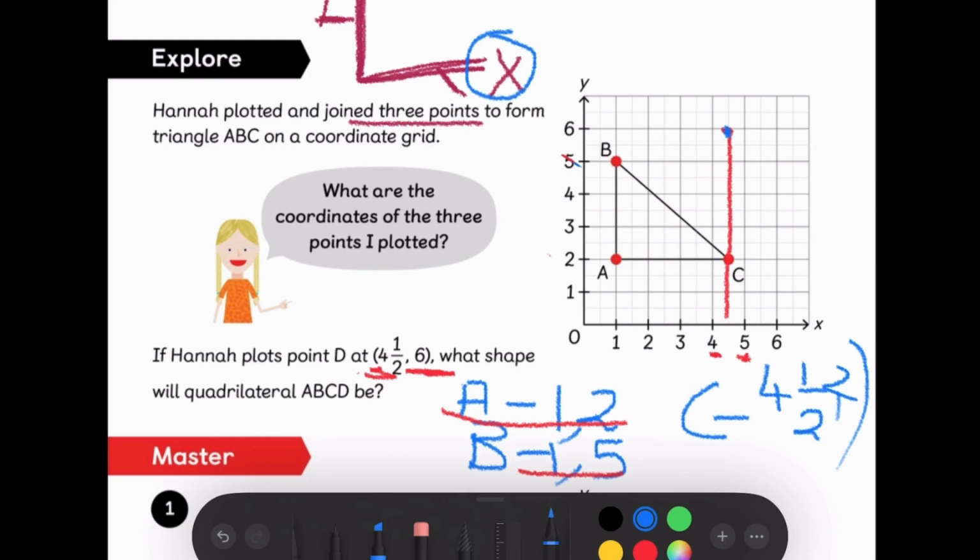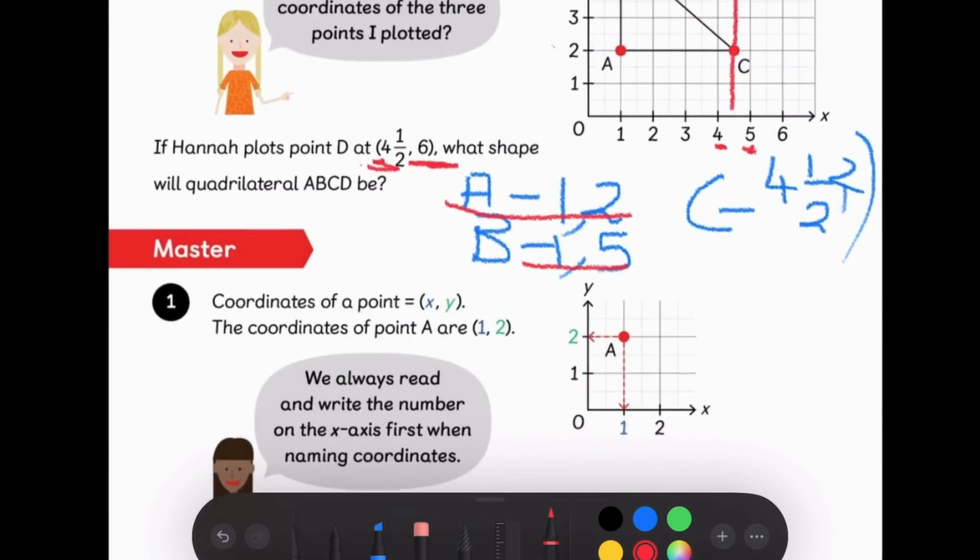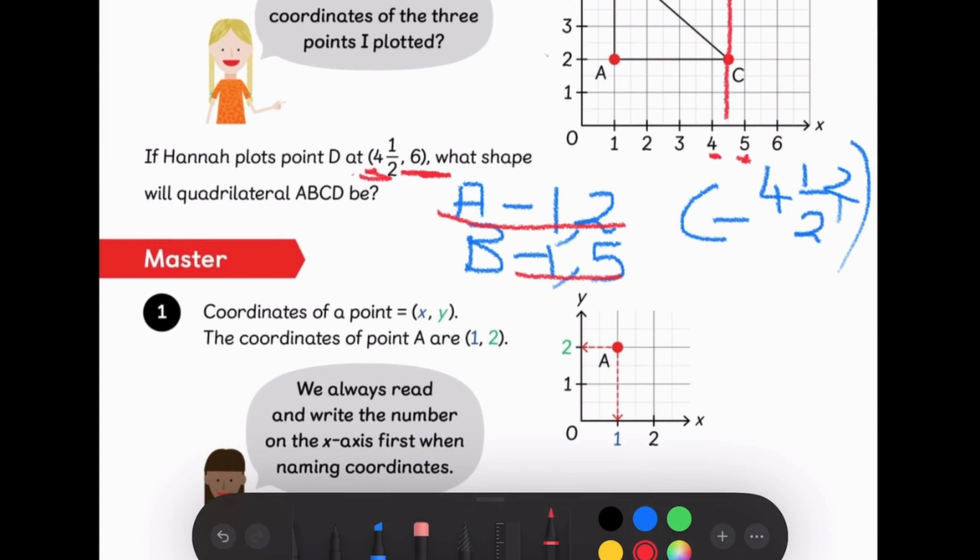By far, we have learned how to do the coordinates. Since I have my coordinate here, I will have x and y for sure. The coordinates of point A are 1 and 2, as I explained before. The same thing is happening here. So we'll go again step by step to understand it more clearly. So you see my x-axis 1 and y-axis 2.